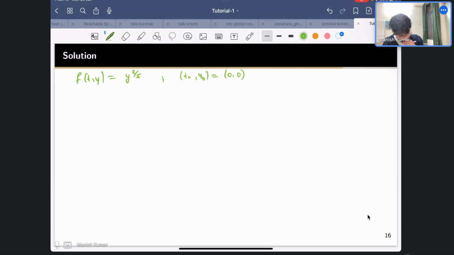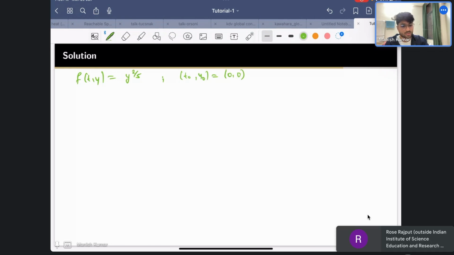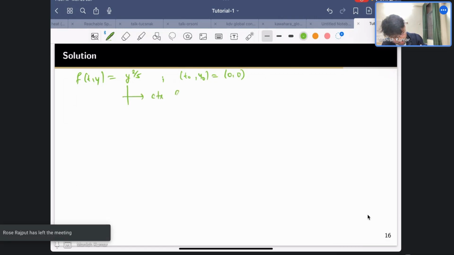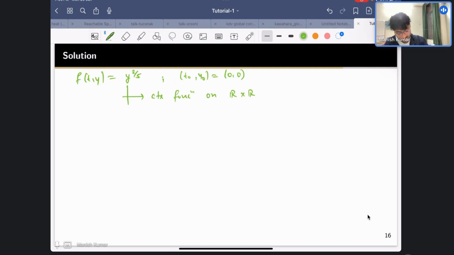So we'll have to consider a neighborhood of this, right? You can clearly see this function is a continuous function on R cross R. So with respect to t also it's continuous, and with respect to y also it's continuous everywhere.